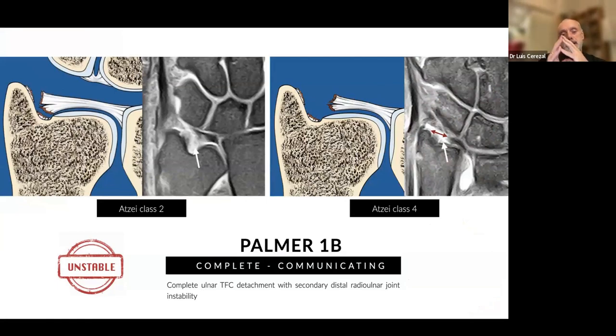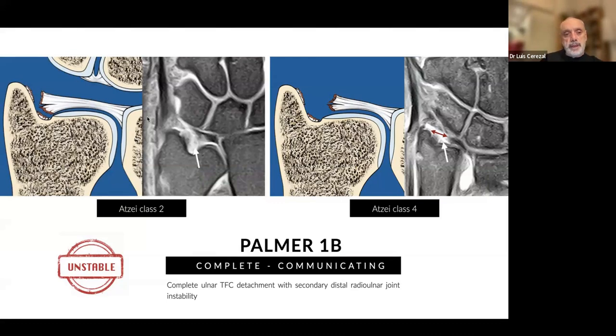What are the main limits of MR imaging in the evaluation of Palmer class 1B injuries? The main limit is to demonstrate the difference between the class 2, well vascularized and potentially reparable injury, and a poorly vascularized peripheral chronic injury, not possible to repair because the vascular status is not good.